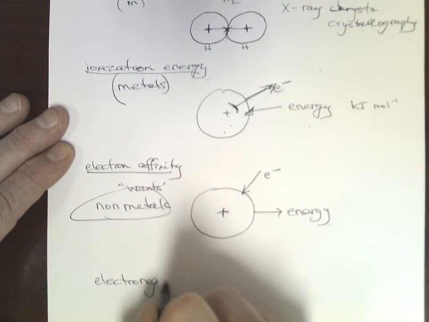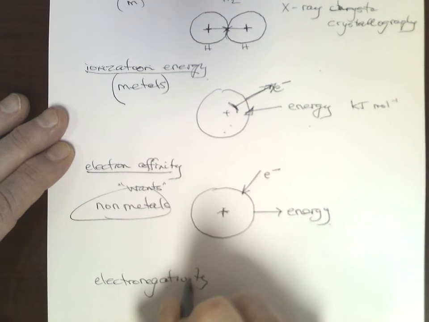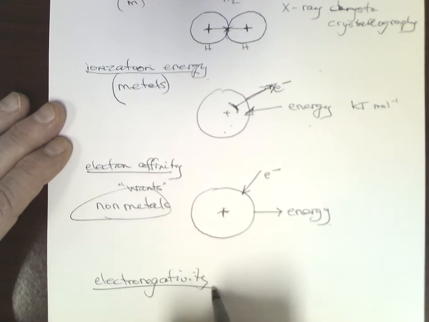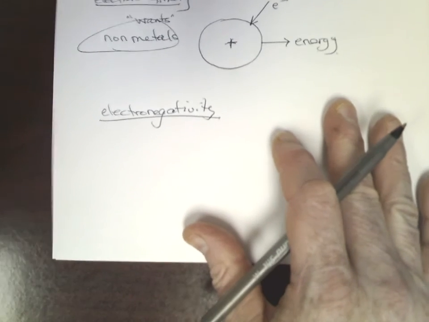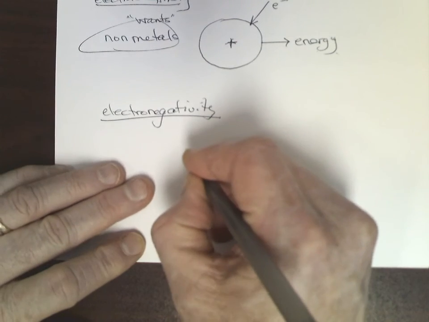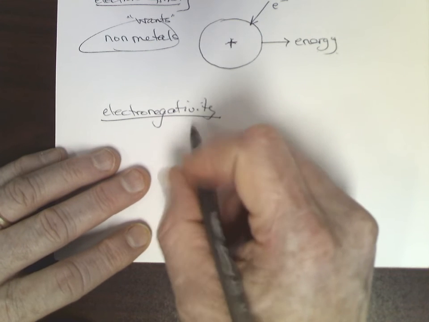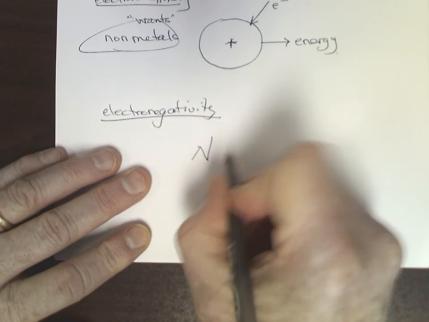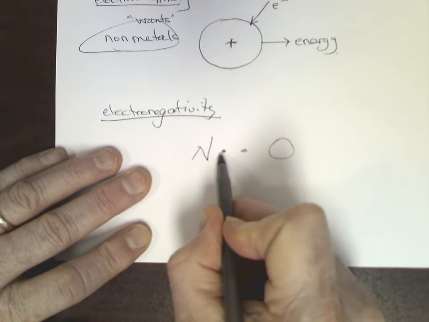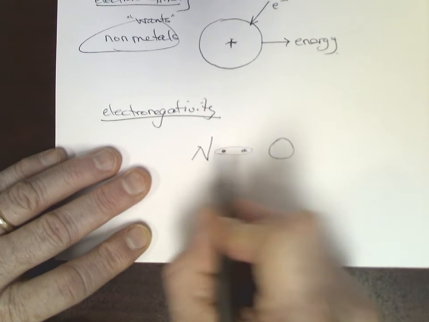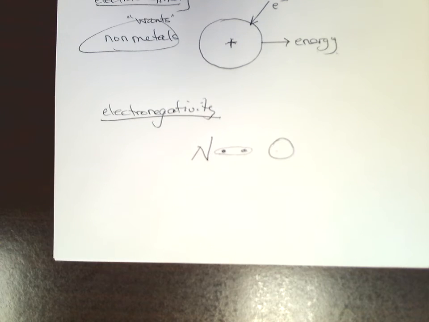Okay. Last one here is electronegativity. And electronegativity, we're going to talk more about in the next unit. Electronegativity is, let's put a nitrogen bonded to an oxygen. So remember, those two electrons represent the covalent bond between nitrogen and oxygen.